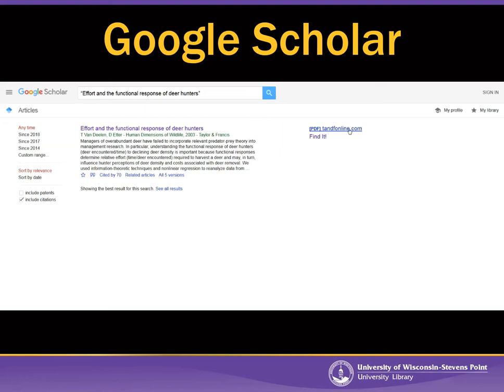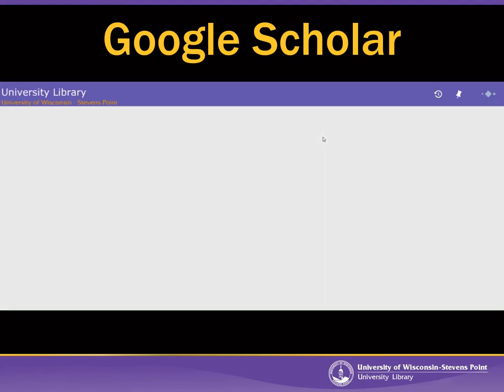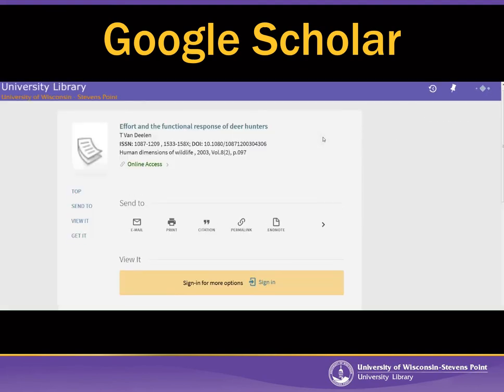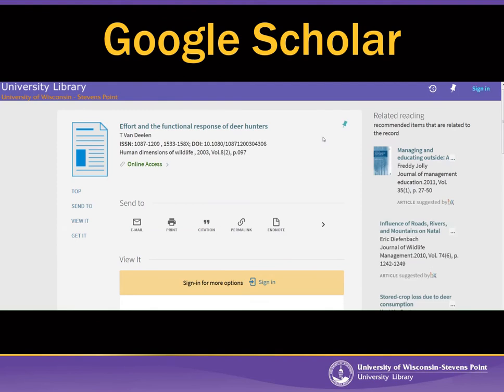Now, occasionally, Google Scholar won't have a PDF of an article you want. But if you link Google Scholar to the UWSP library, you should see the Find It button, which we also learned about in the April 16th lecture. So I'm going to click on the Find It button. And then what Find It is going to do is look for the full text of that article in the UWSP library's 200 databases.